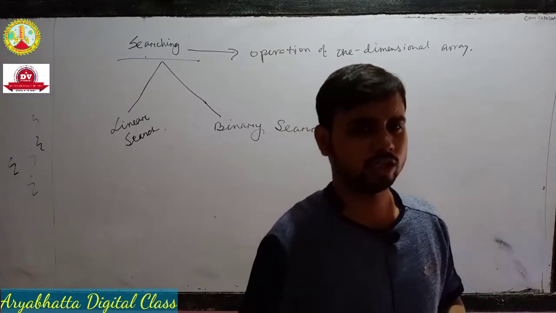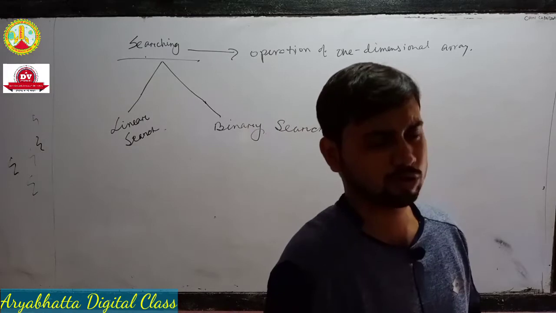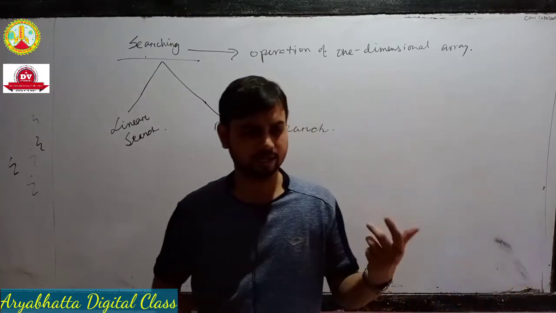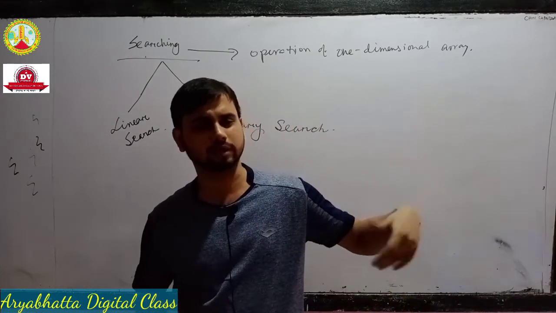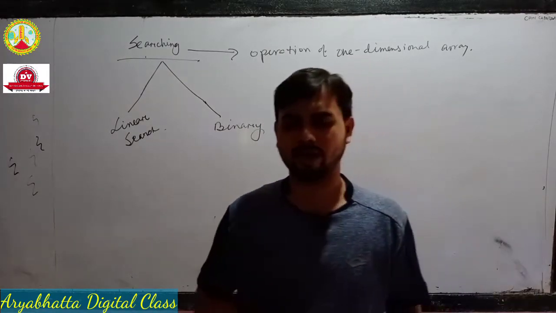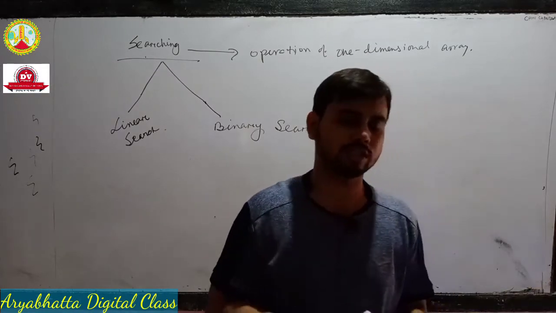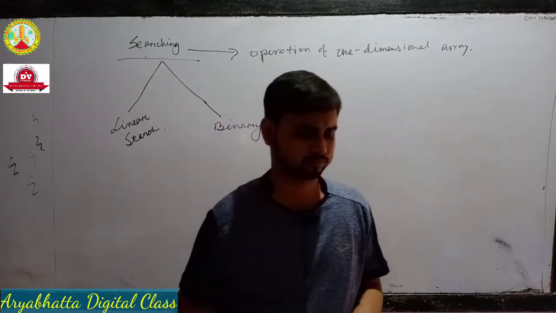Suppose there is an array which has many memory blocks, suppose 20, 25, but you have to find an item from that array, or the middle of the array, or anything from a position. Then you have to find the required item from that array by using a searching technique, right?